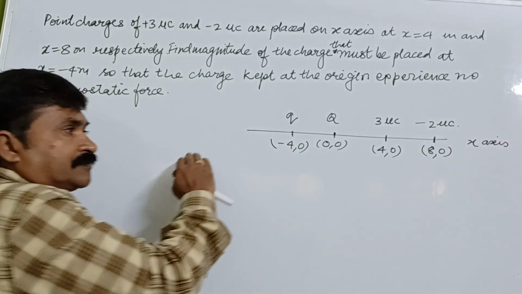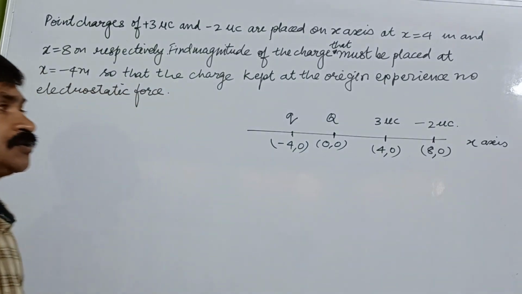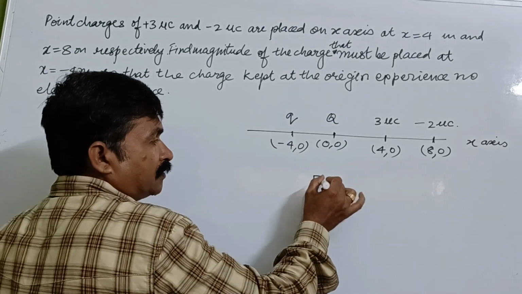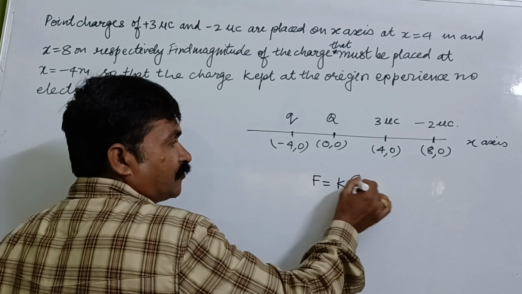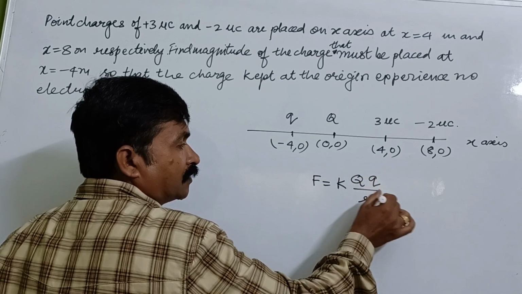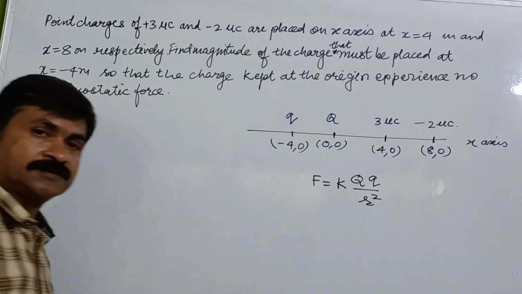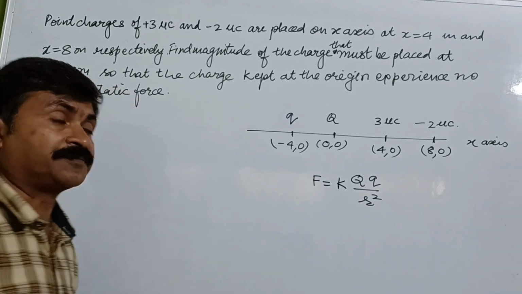So we know that if we go for calculating the electrostatic force, we can have here K times Q into small q upon R square, where Q is the charge, small q is another charge and R is the distance of separation between them.